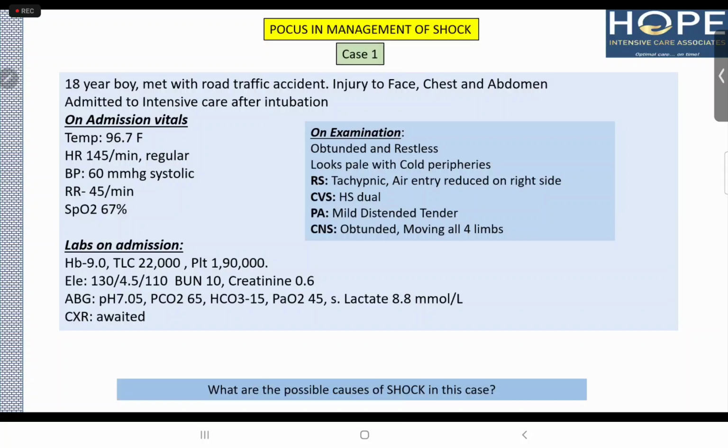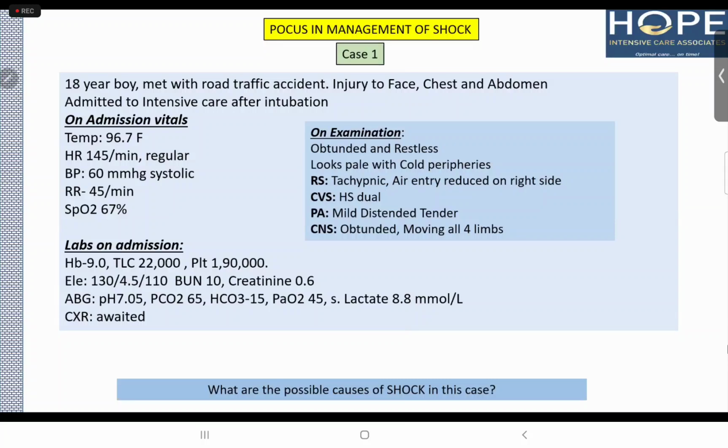So I again summarize: 18-year-old boy, road traffic accident, hypotensive, in shock, very high lactate, PCO2 is high, bicarb is low, having mixed acidosis, hypoxic and hypotensive. With the positive clinical findings of all the features of hypoperfusion, right side air entry absent, distended tender abdomen.